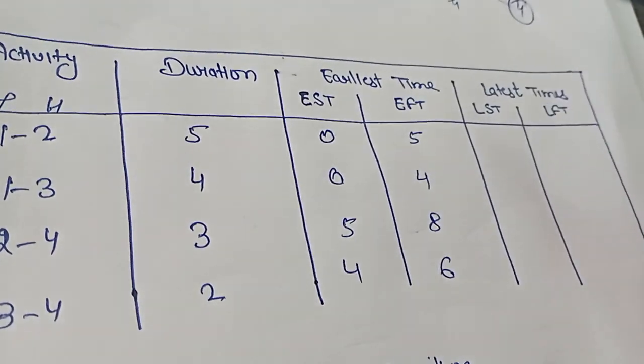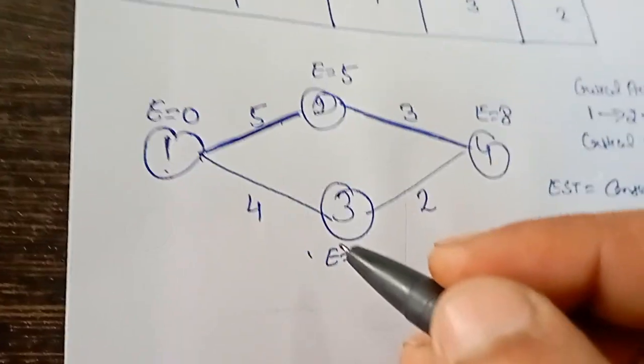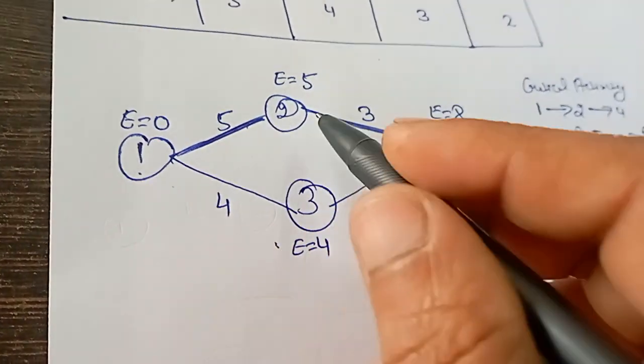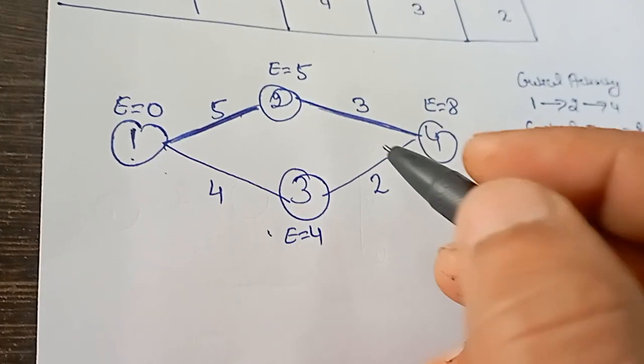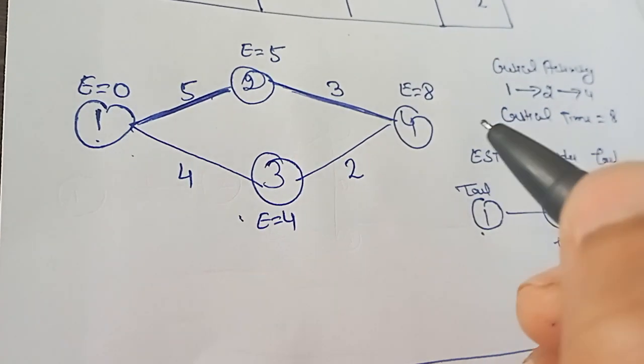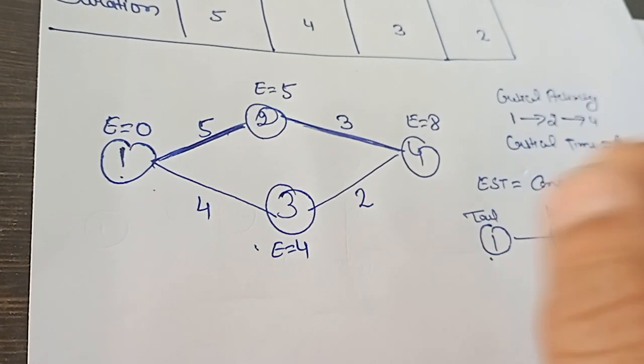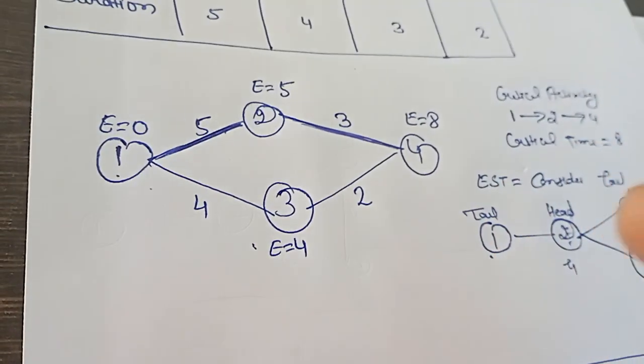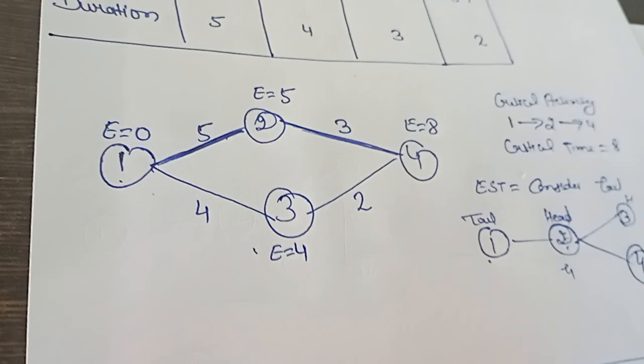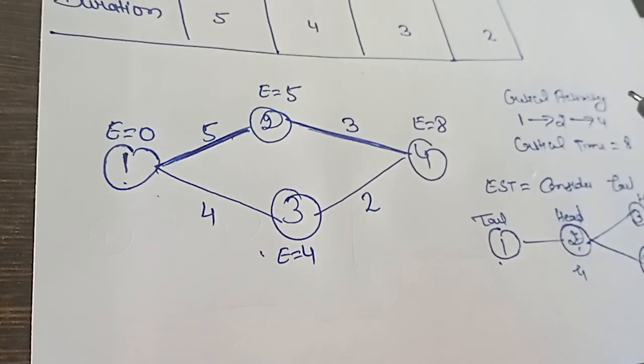Now we calculate latest time. In the diagram, 1 से 2 and 2 से 4 are the critical path and critical activities. In the project network, for the activities which are involved in the critical path, E and L both will be the same.